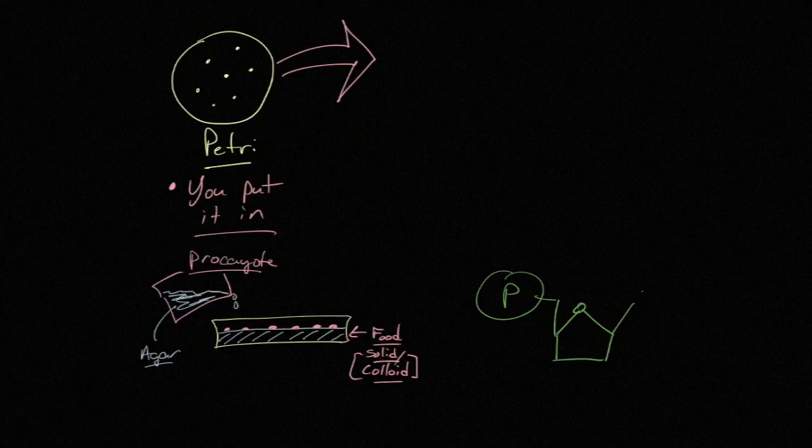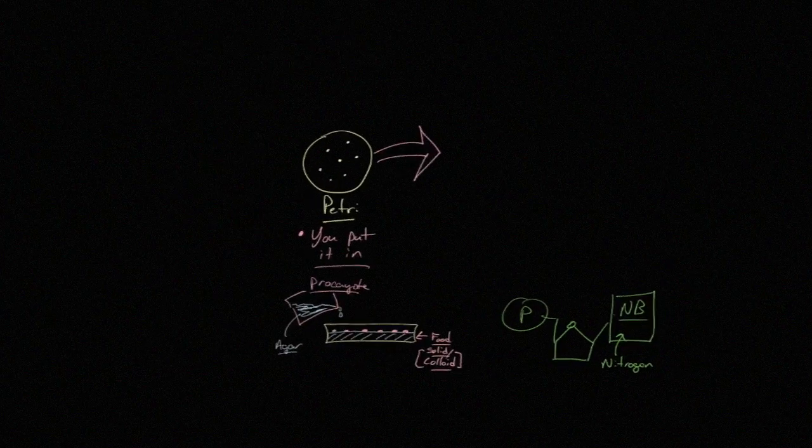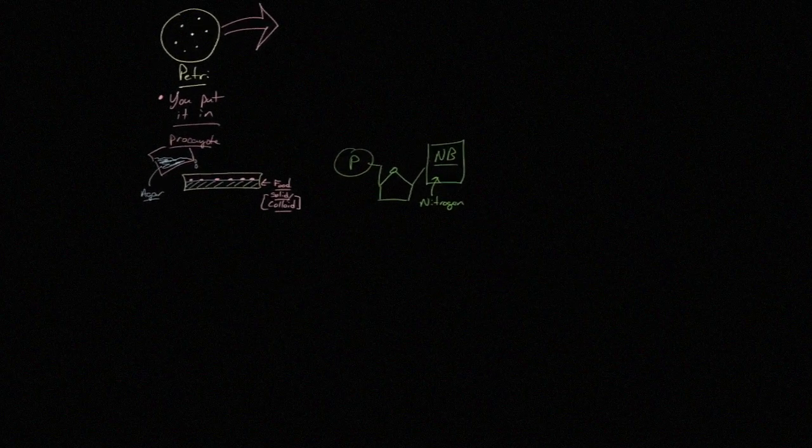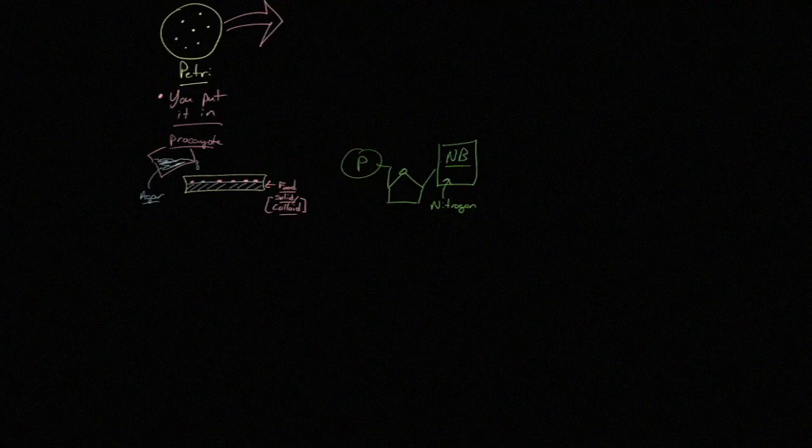What's in this base? Nitrogen. So as long as you understand that there's nitrogen in every one of these DNA molecules, you have nitrogen heavily in there. So you control what kind of nitrogen is in that petri dish, don't you?